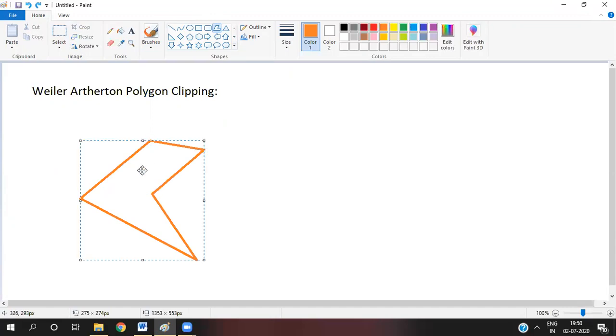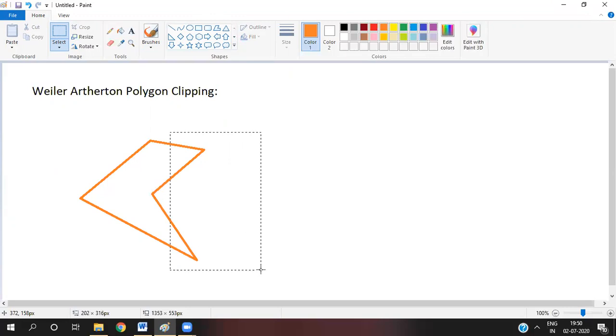This is the concave polygon, and now we will select the window. This is our window. In this case I will draw the directions as well.